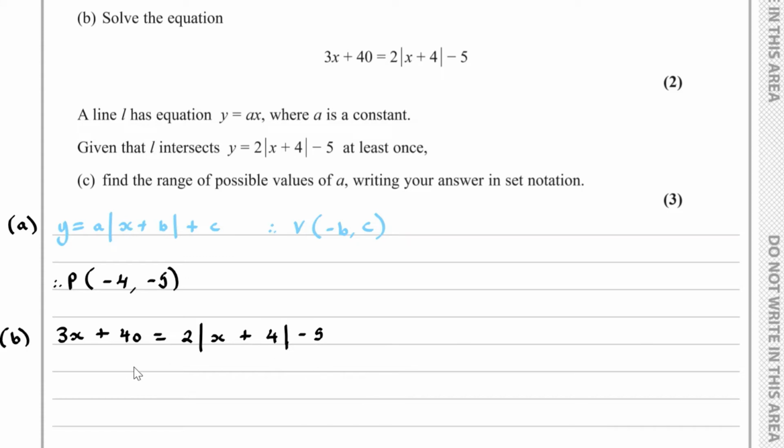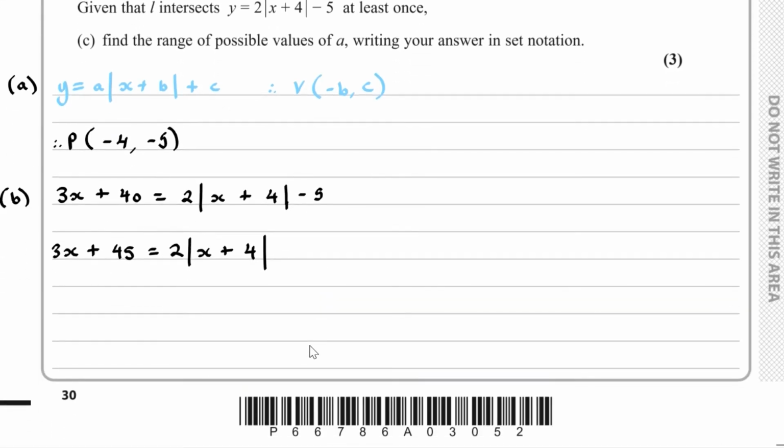So, rearranging, if we add 5 to both sides, we have 3x plus 45. This is equal to 2 times by the mod of x plus 4. So what we can now do is divide both sides by 2. And if we do that, we have the mod of x plus 4, which is equal to 3x over 2 plus 45 over 2.